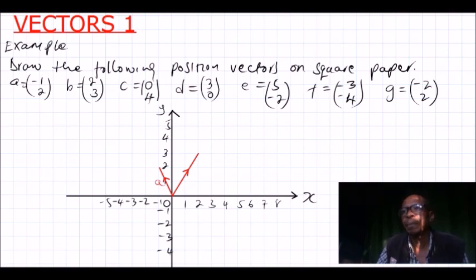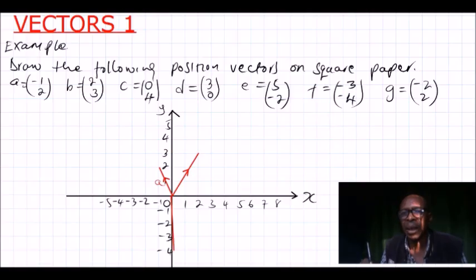We come to the other one. It is 0, 4. So it means no displacement along the x-axis. It is a vector along the y-axis, 1, 2, 3, 4, up to here we have 4.